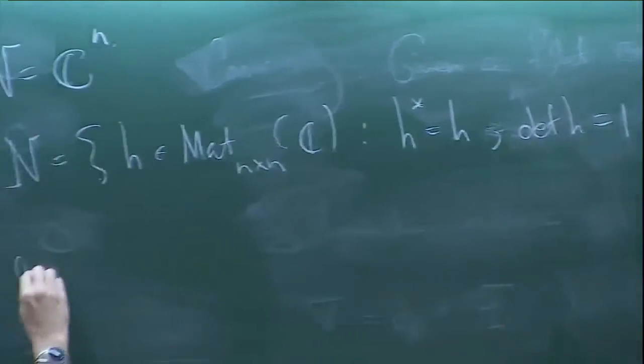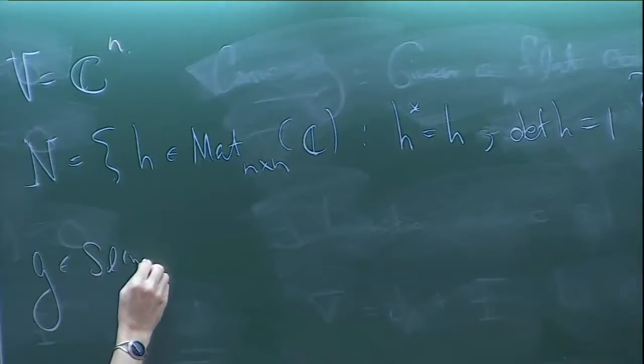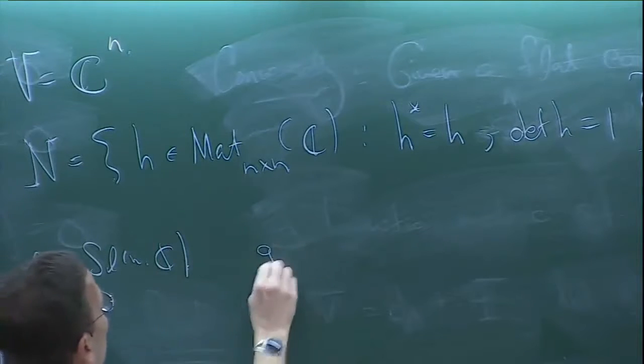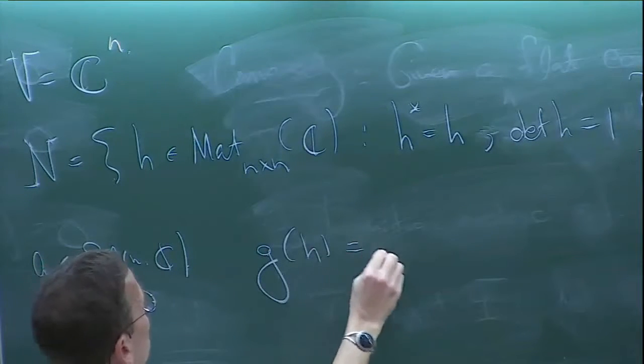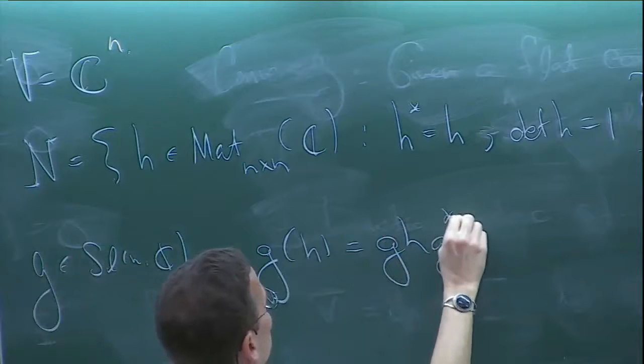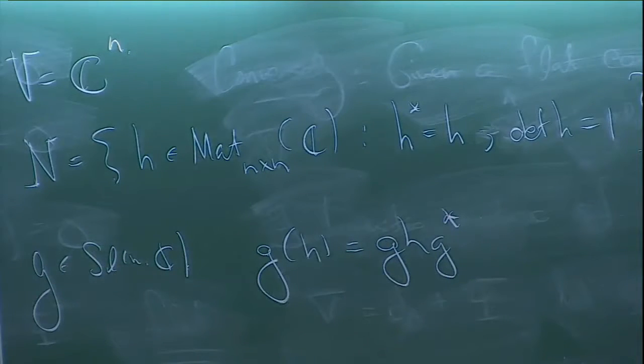And then the action of SL(n,C) on a point H is just G H G star. So it gives a concrete realization of what this action is on the symmetric space.